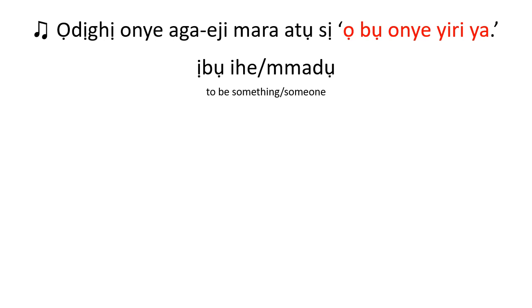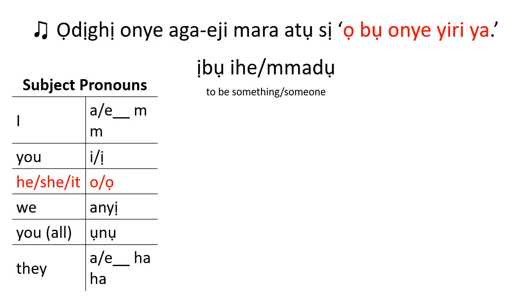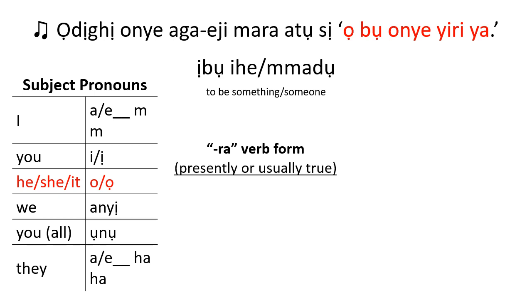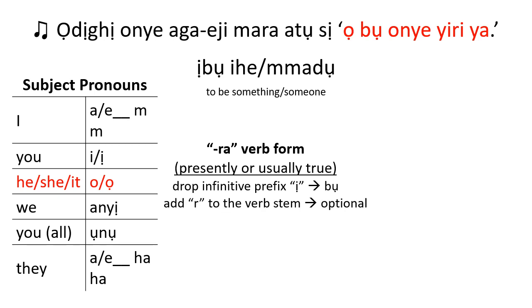Here, ọ is the pronoun he, she, or it, and we changed Igbo from the infinitive verb to the ra verb form that matches ọ by again dropping the infinitive e prefix, and for the suffix we can add re and duplicate o, but these two steps are optional for Igbo in the ra verb form, just like they were optional for ese in the ra verb form, so they're left out of the verb. Igbo, to be, becomes bo, is.